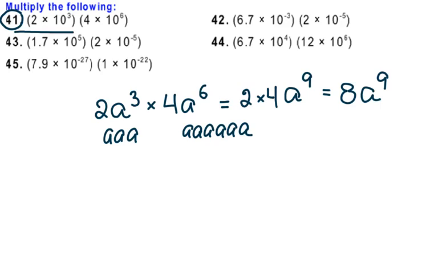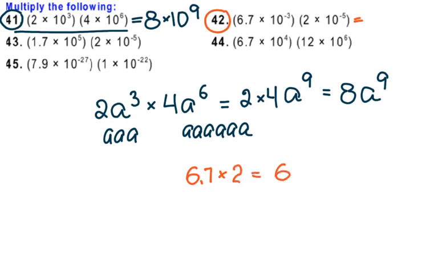The same happens when I deal with numbers in scientific notation. I multiply their numbers, so the answer is going to be 8, and then the power is going to be 10 to the 9th. So if I do this question, I'm going to do exactly the same. I'm going to multiply my numbers, so 6.7 times 2.